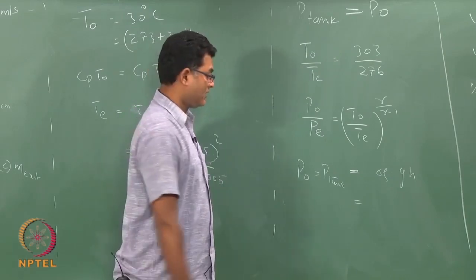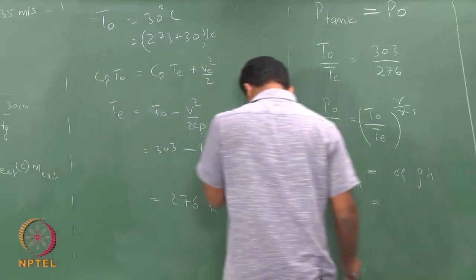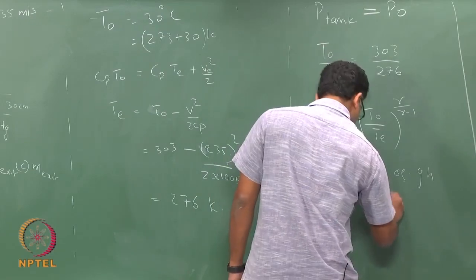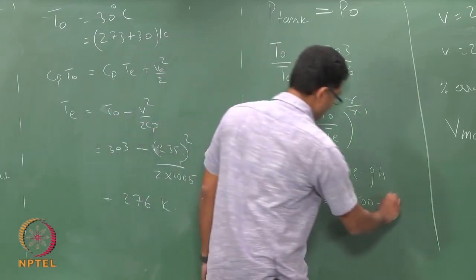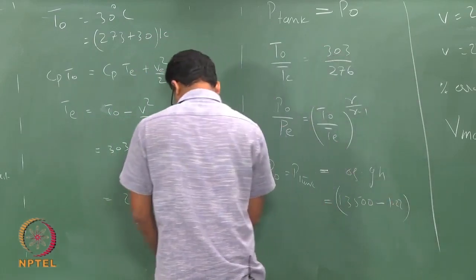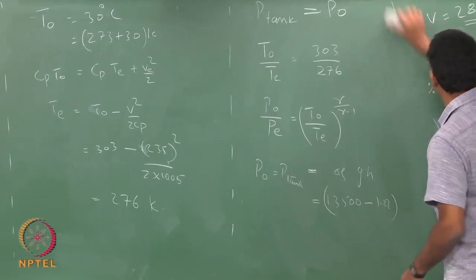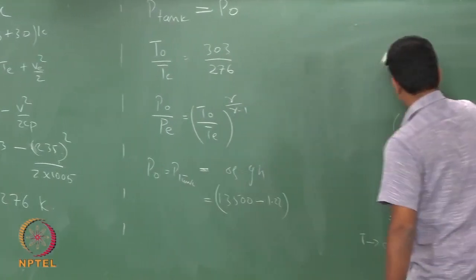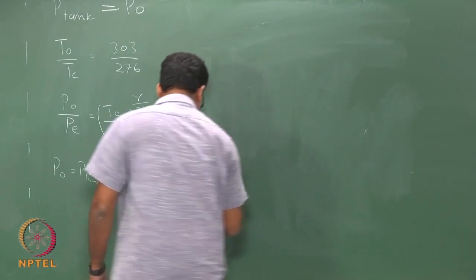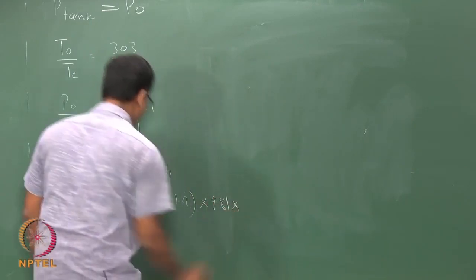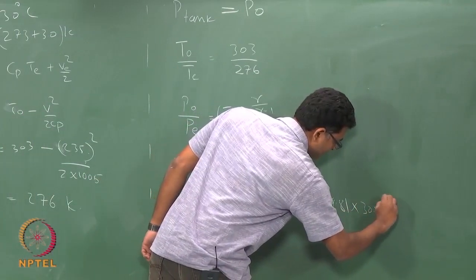Density of mercury, which is given, minus density of air, which is around 1.22, into g, which is 9.81, into h, the height difference, which is 30 centimeters. 30 centimeters is 30 into 10 power minus 2 meters.